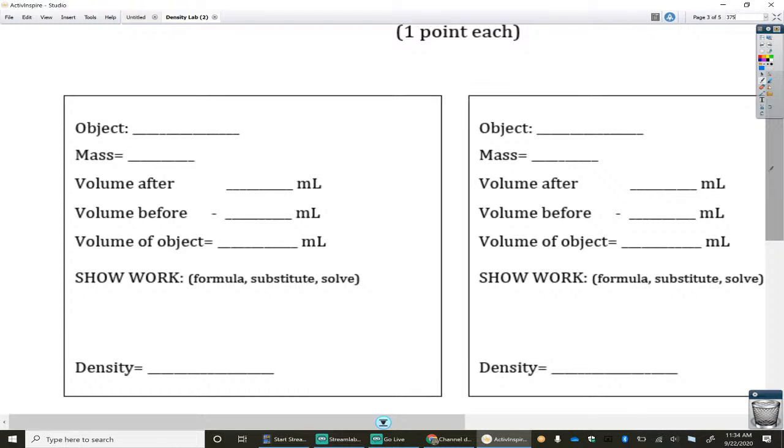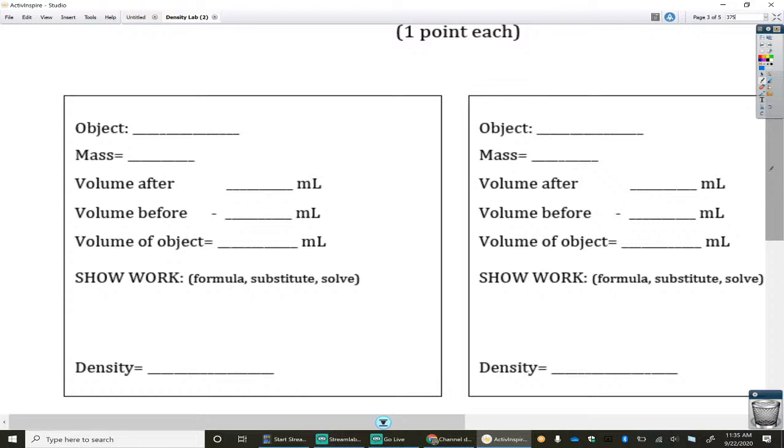So the first thing that we're going to be measuring is a piece of copper, which, if you remember what I showed you last time, is really shiny. This is what pennies are made of. And this is our first irregularly shaped object. Okay? So does anyone remember why we would have a different way to get volume for this versus when we did the cubes?